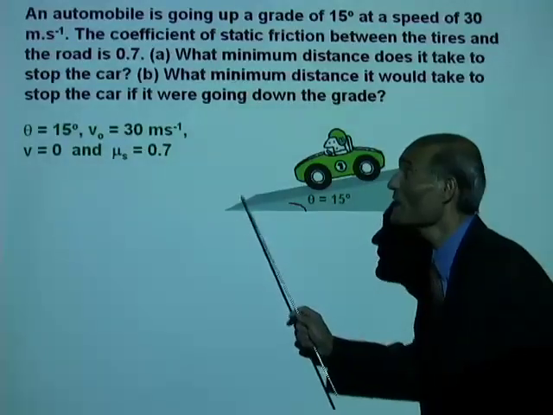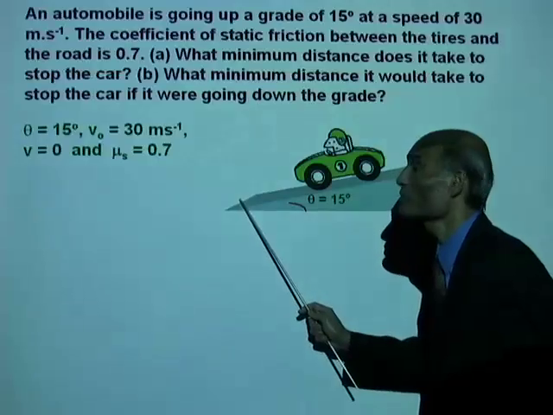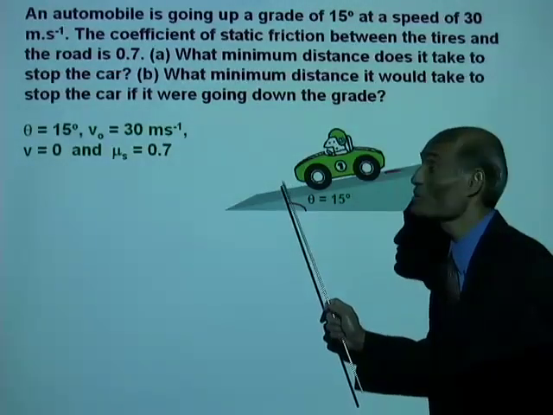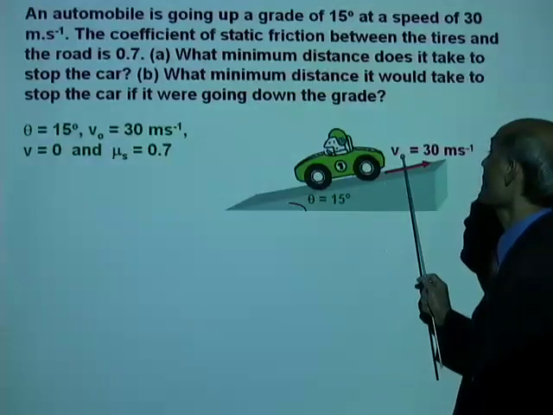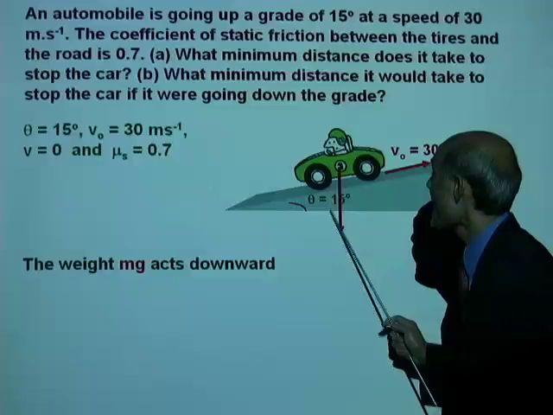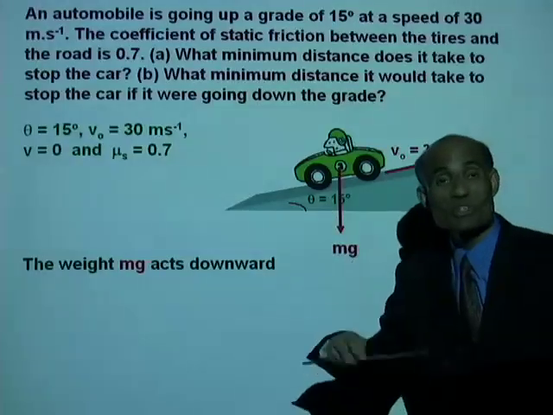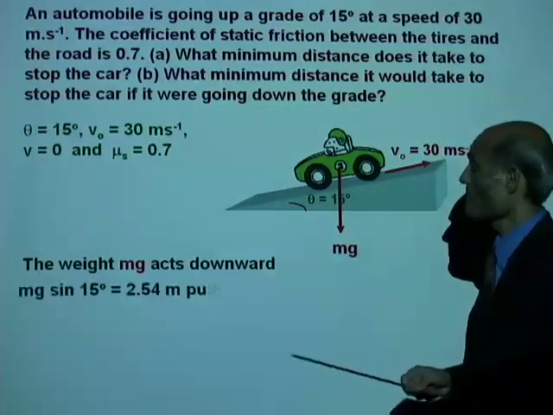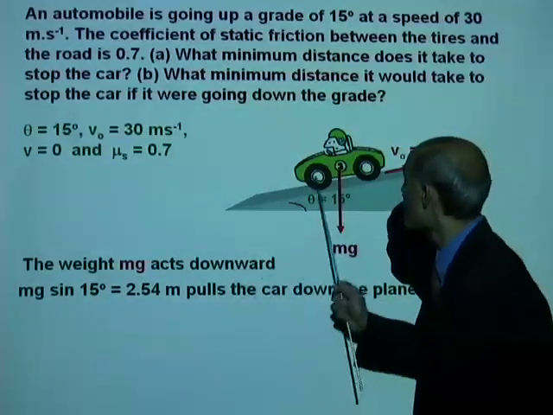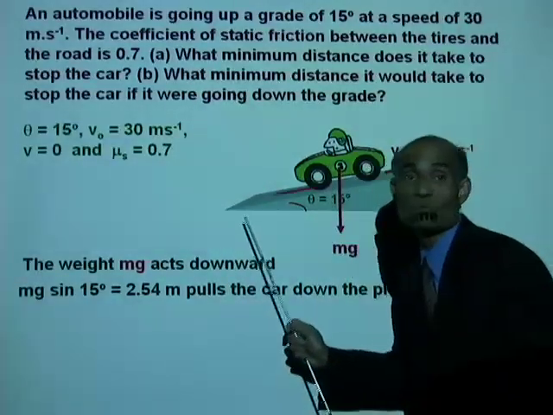When it is here, its speed is 30 meters per second. And you know what are the forces acting on it. So the weight mg of the car is acting vertically down. That's the usual routine that we do. Mg sine 15 degrees will pull the car down the plane.